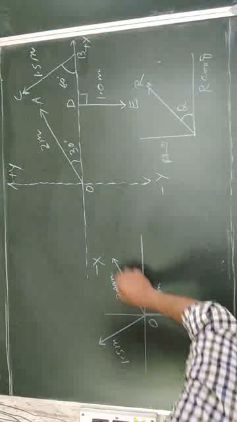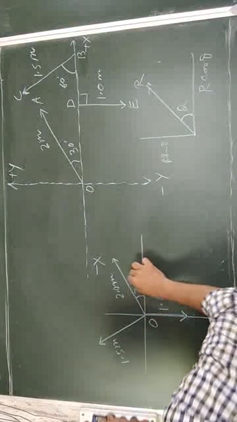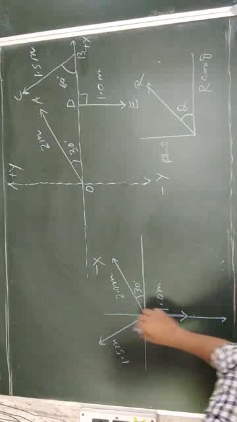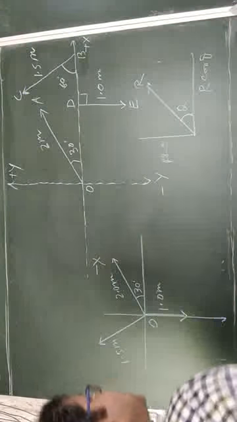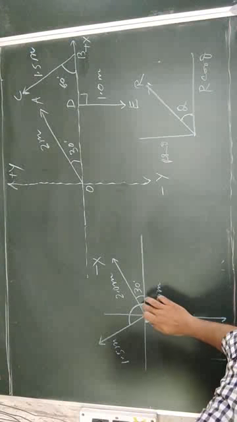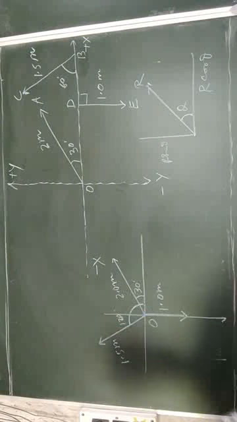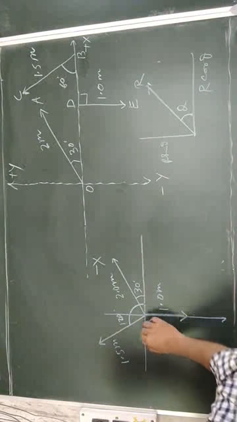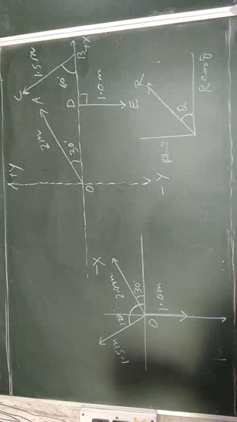So in this case the angle is already given as 30 degree. In this case this angle is 60 degree. So you have to calculate from here. If it is 60, the rest is 120. This is 60, this is 180, so rest is 120.